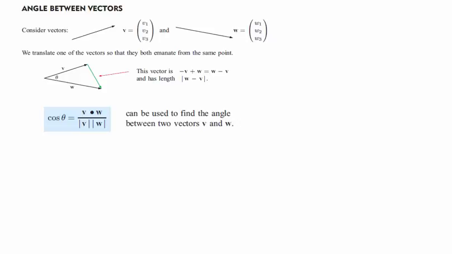And basically, if they start from the same point and we're trying to find the angle between them, we can say that it has a length of w minus v, and that's because if we change the direction of v, so it's really going this way, that would be -v plus w, and there's our resultant vector in between. So to find that, we take the dot product of the two vectors over the magnitude of each vector individually, and then take the cosine of it.